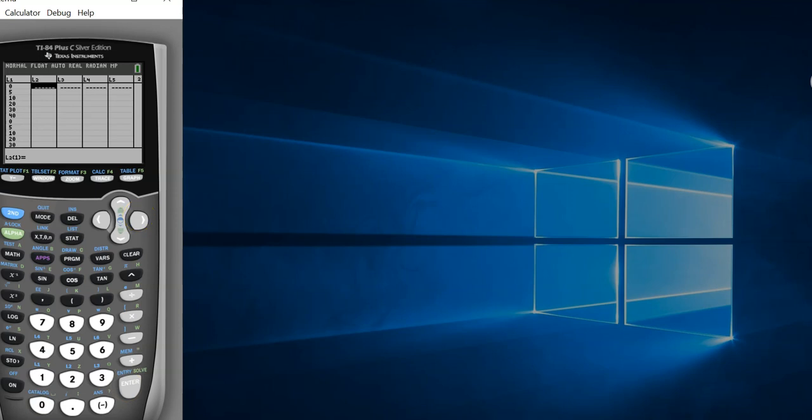Then we move over to L2, and we're going to enter the numbers that are sitting in our package.